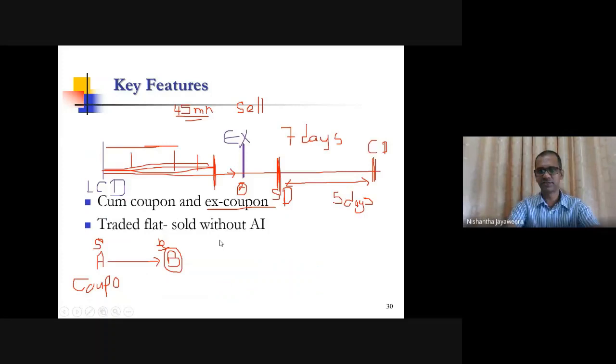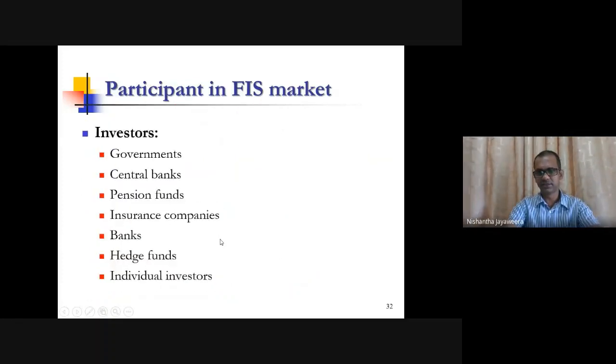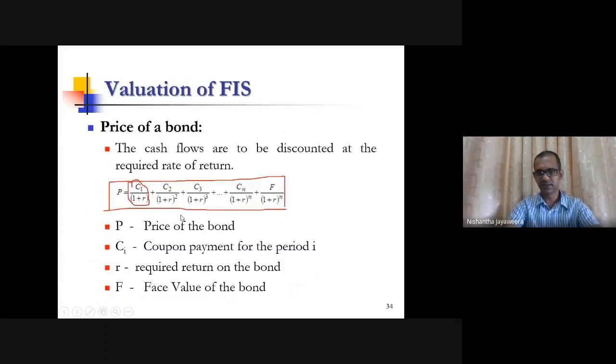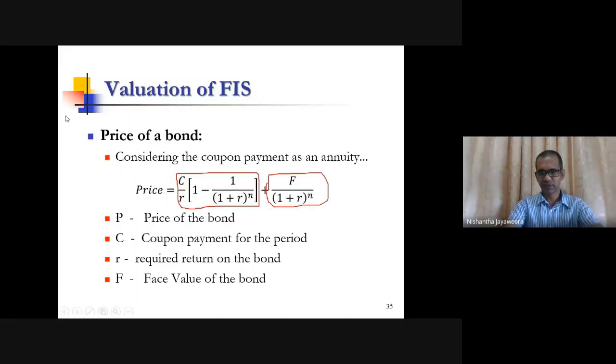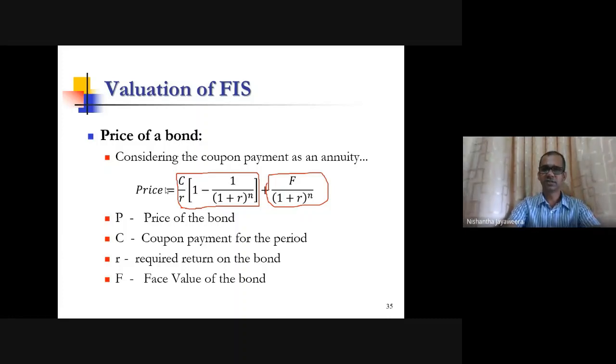Now the problem is how to calculate this clean price or the dirty price. For that, we started discussing how to calculate the price of a bond, starting with the bond price on a coupon date. Whether it's on a coupon date or not, the basic principle is that the bond price is the present value of the future cash flows.